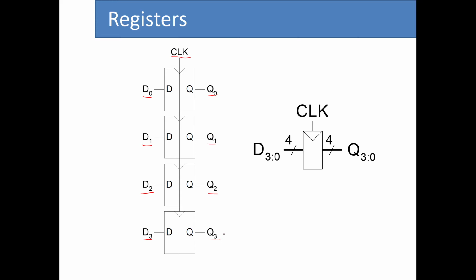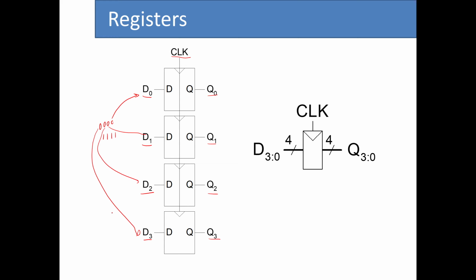So let's say you want to use this register to store values between 0, 0, 0, 0 and 1, 1, 1, 1, because we have 4 bits of information as the input and 4 bits of information as the output. So this can be D0, this is D1, this is D2, and this one is D3.